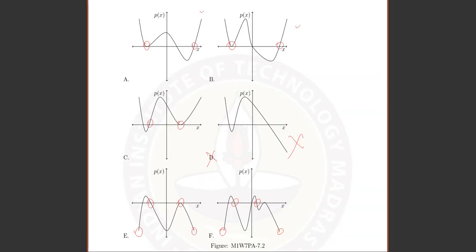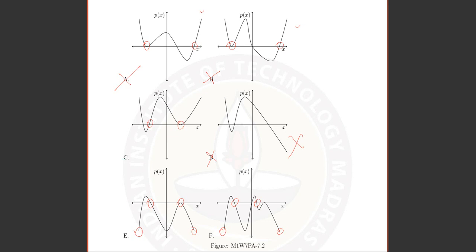Now let's see which options satisfy this condition. Clearly we don't see anything bouncing at A on the positive side of the x-axis. Therefore option A is gone with the third condition. Similarly, option B is ruled out, because nothing is bouncing back on the positive side of the x-axis. At option C, we can clearly see the curve bounces back. Assuming this is 2 and it bounces back, this option becomes right.